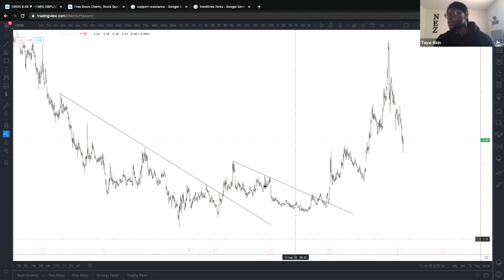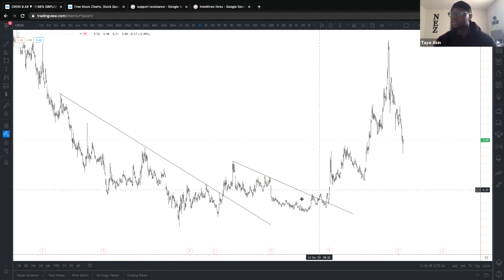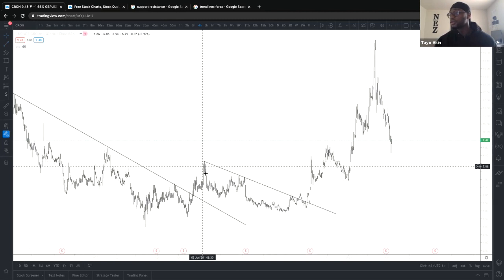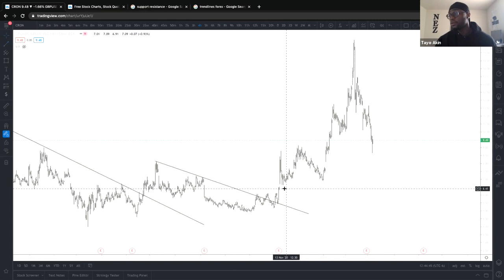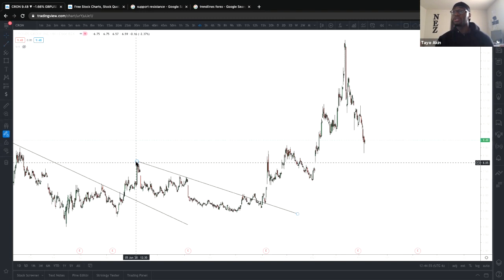If you use the trend line to the downside, it rejected 4 times. The more it rejects, the weaker it gets. You saw the first, second, third, and fourth rejection, then price broke through, retested as support, then shot up and took out these highs, which is your target. From 5 to 8, that's about a $3 gain.